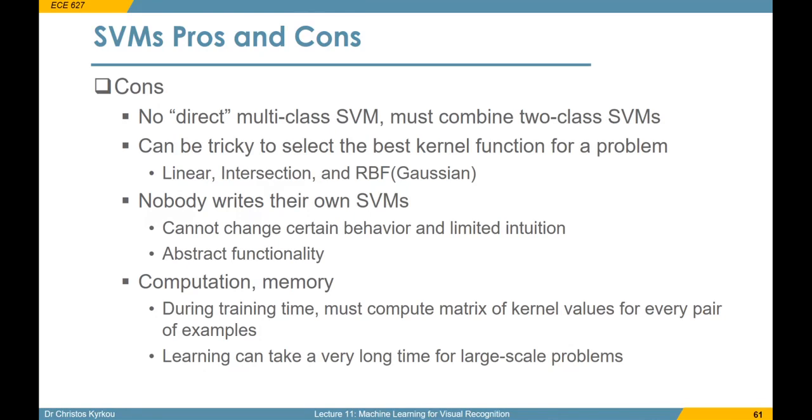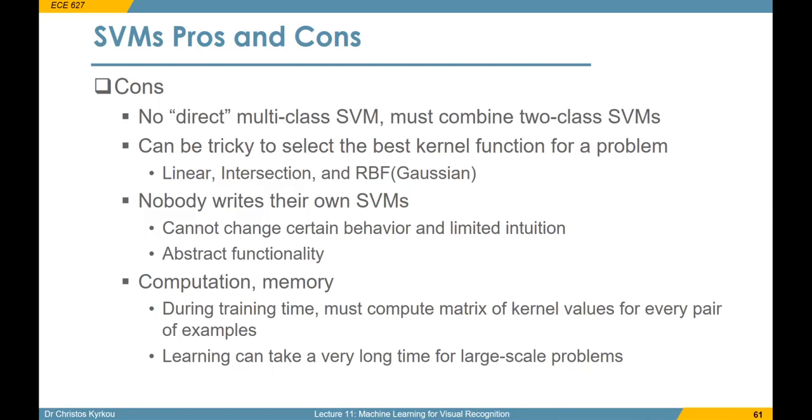Another issue is that at the moment, the packages are so widespread that it's difficult for you to go and write your own SVM. So you rely on other implementations to do some of the functionality for you, which could be a good and bad thing at the same time.